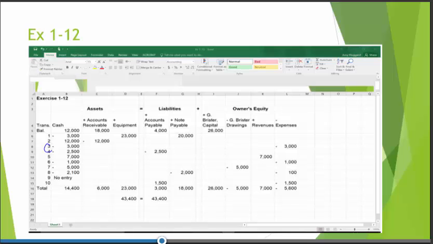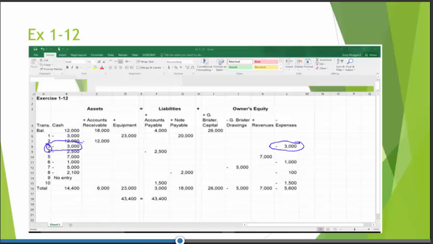Transaction number 3. Paid $3,000 of March rent of office space. We've paid, so that tells us it's a cash outflow, so our cash reduces by $3,000, and we paid for office space, which is rent. Our expenses decrease our owner's equity.